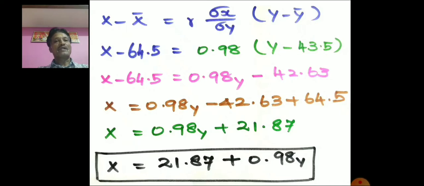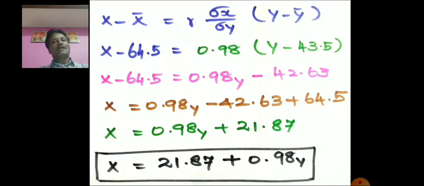So 0.98 into y is 0.98 y, plus into minus, you put a minus sign. So 0.98 into 43.5 is equal to 42.63. So the equation is x minus 64.5 equal to 0.98 y minus 42.63. So now you can take the numeral value from the left hand side to the right hand side.